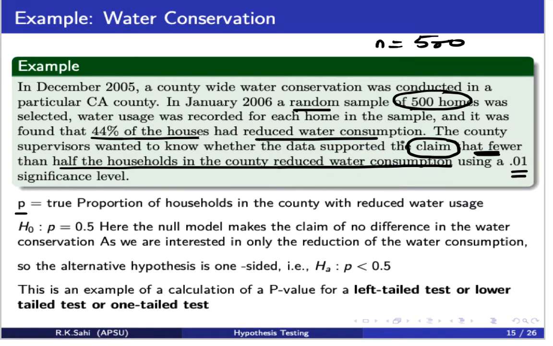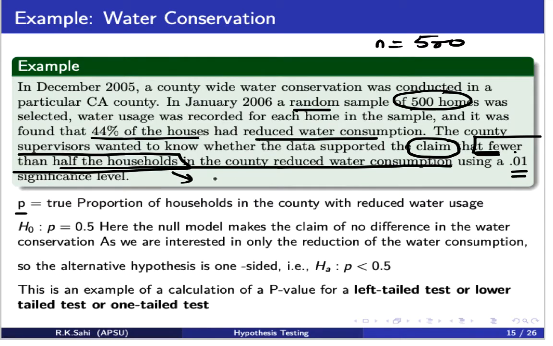Okay. Now, the county supervisors wanted to know whether the data supported the claim that fewer than half the households had reduced consumption. So here's the clue of what kind the alternative would be: fewer than half the households. Remember that half means 0.5.